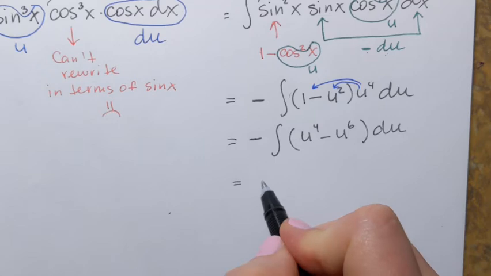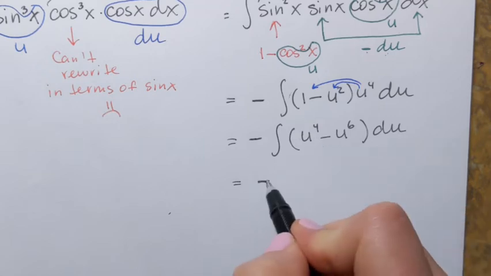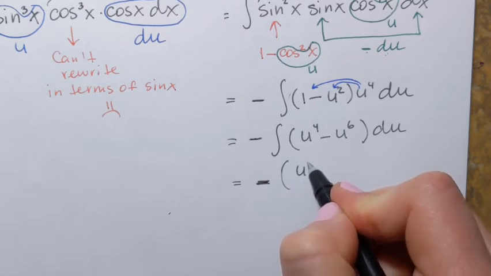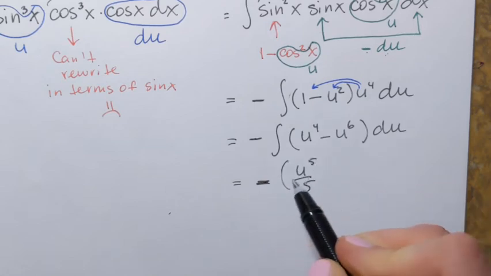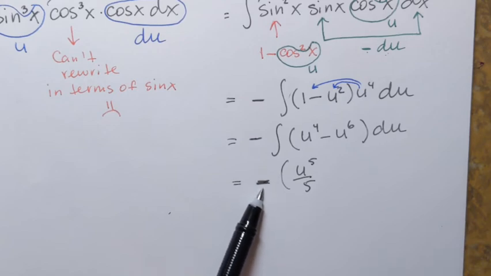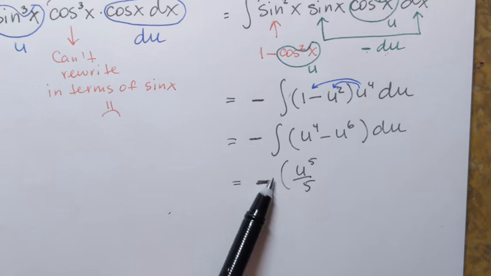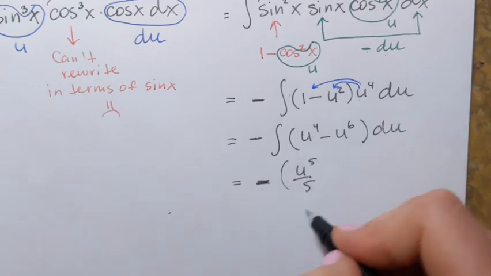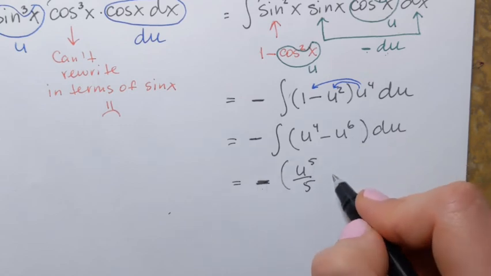And to integrate that, we'll just use the power rule, right? U to the 5th power over 5. Notice how I'm still keeping the parentheses. It's all because of that negative sign in front. So if you have a coefficient or a negative sign, keep the result of integration inside the parentheses and then clear those parentheses.